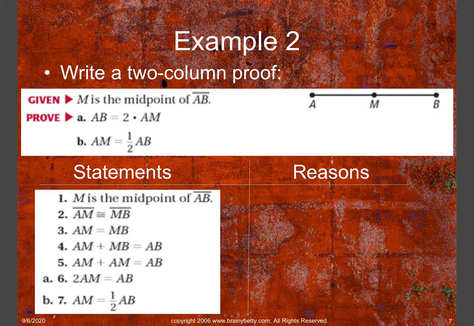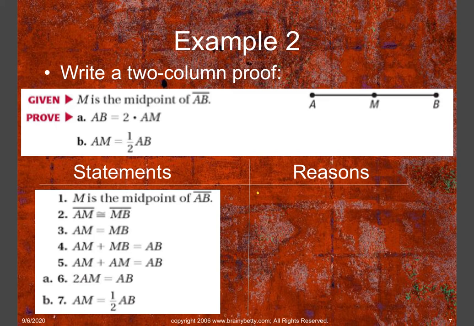All right, we're going to do it again. This time, what's given to me is that M is the midpoint of AB. And I'm trying to prove two things. A, that 2AM equals AB. And B, AM equals half AB. So, start with the beginning. M is the midpoint of AB.